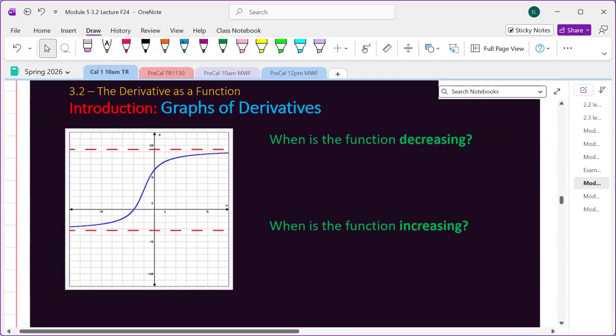So some functions are going to be kind of boring in terms of where it is increasing or decreasing. So this function, where is it increasing?